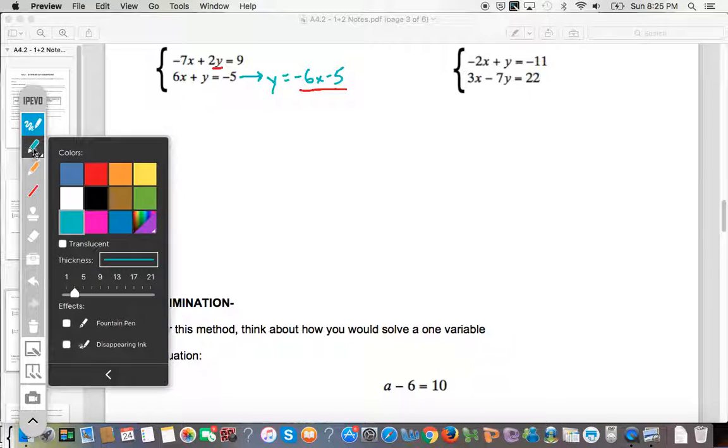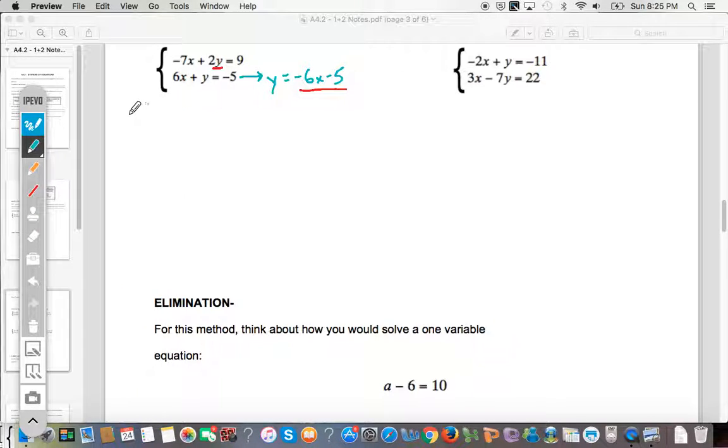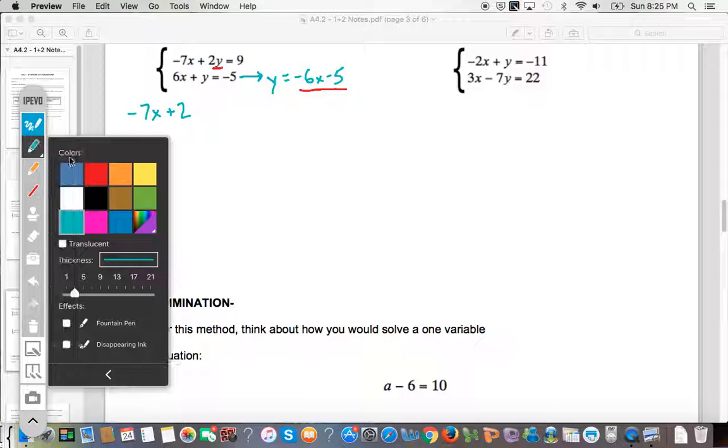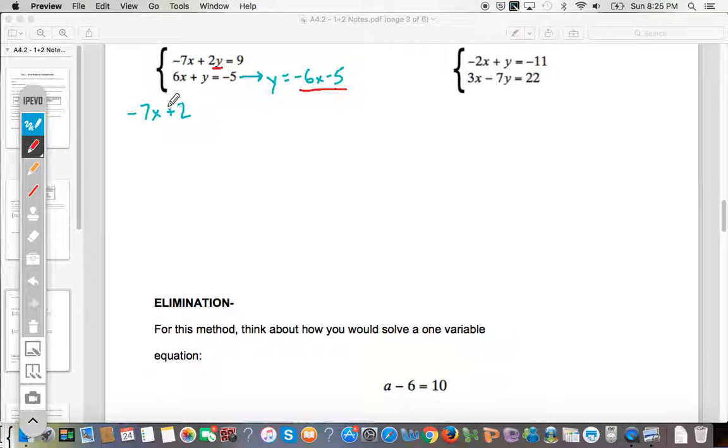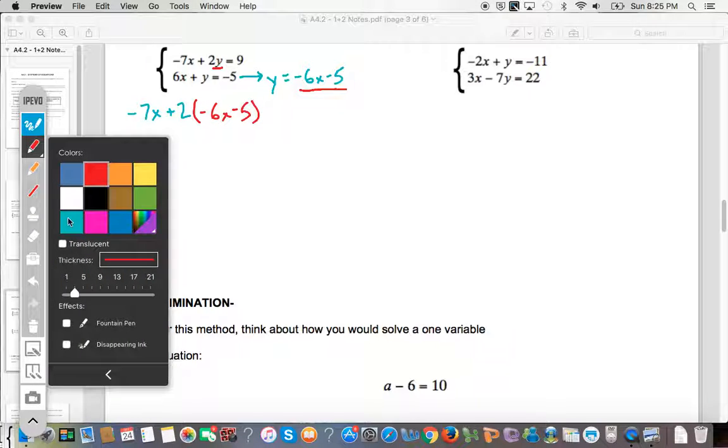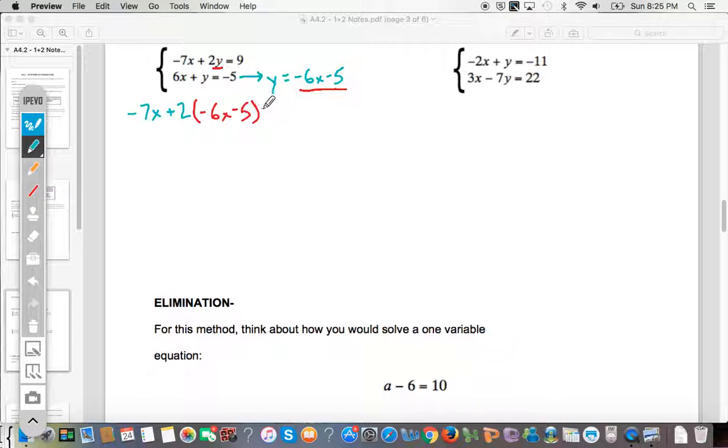Okay? So I get negative 7x plus 2. I'll plug in my y term because y equals this. Negative 6x minus 5 equals positive 9. Okay, so I'll distribute right here.